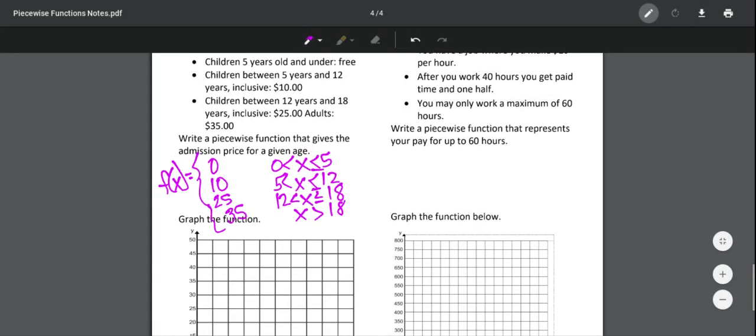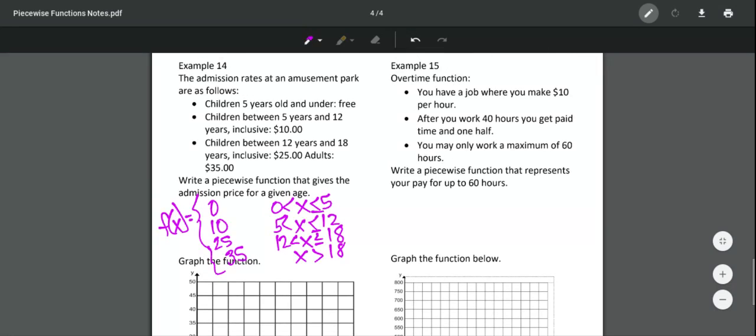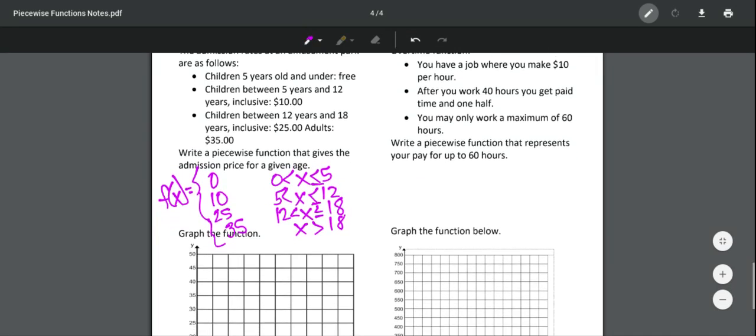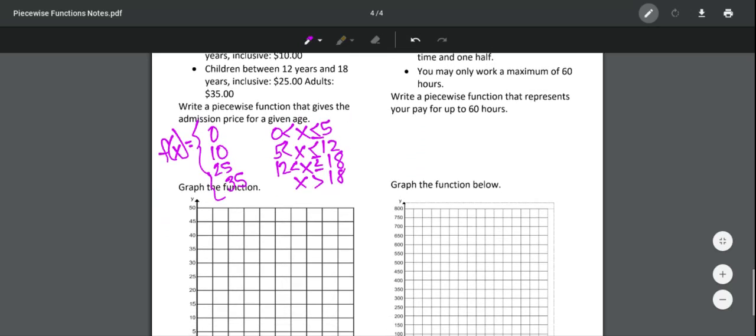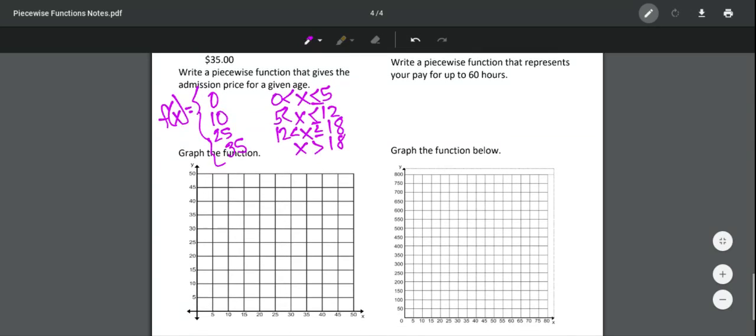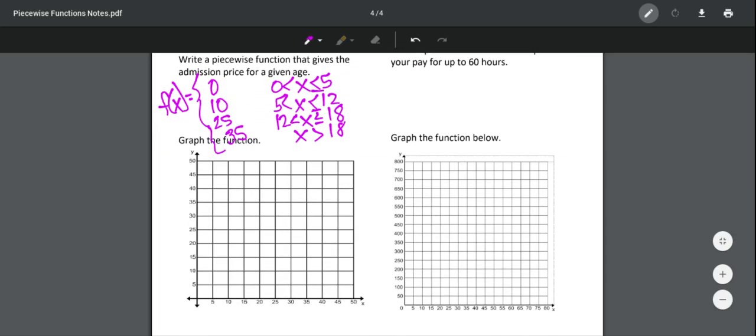They're saying for a given age. So basically your graph is going to say from 0 to 5, it costs us nothing. So from 0 to 5, it costs nothing.